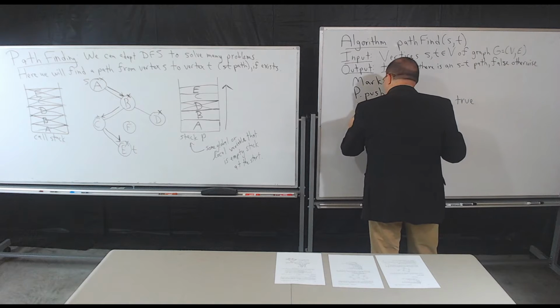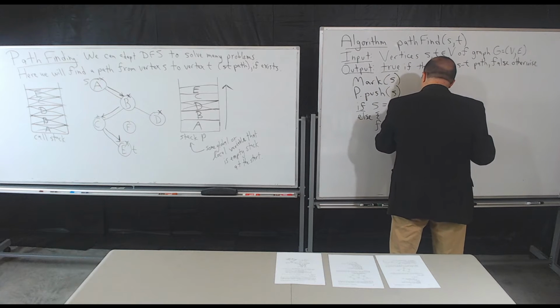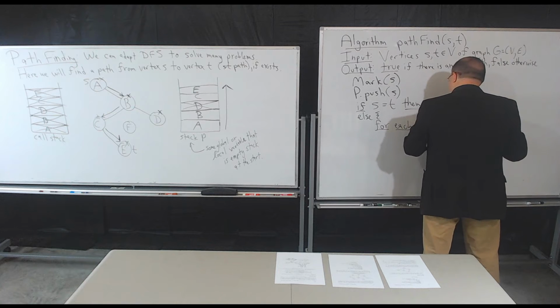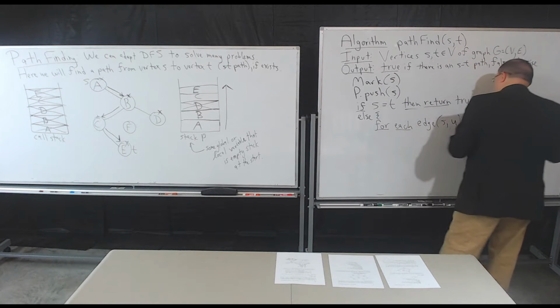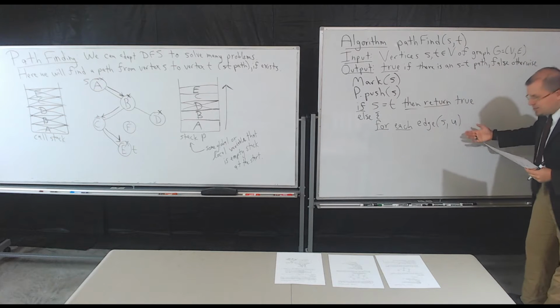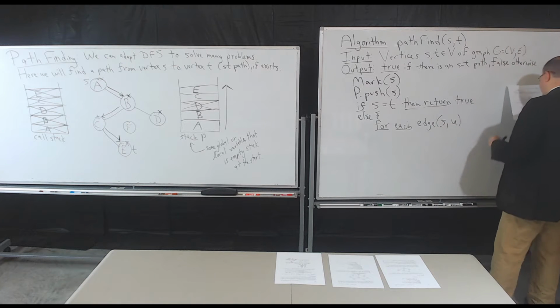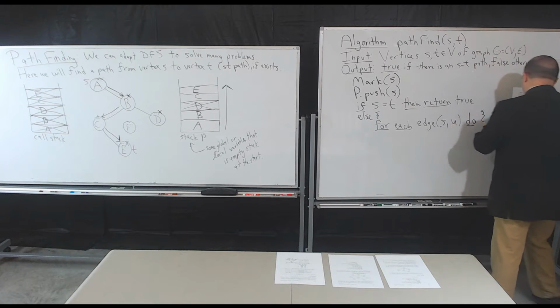I just kind of do what I normally do in DFS. So I go for each. So I need to go through all my incident edges. For each edge S, U. So U is the other endpoint for which SU is an incident edge on S. You're going to do the following.